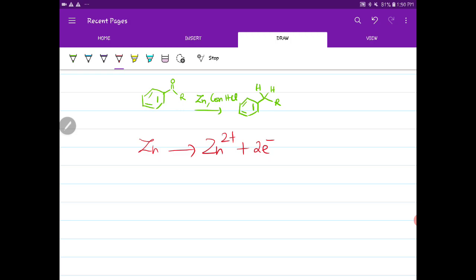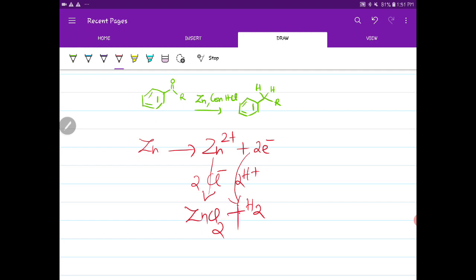When these 2 electrons have nothing to do, they react with the H plus ion in the aqueous solution and give H2. At the same time, the H plus combines with Cl minus, and 2 Cl minus combine with Zn2 plus, forming zinc chloride and H2.